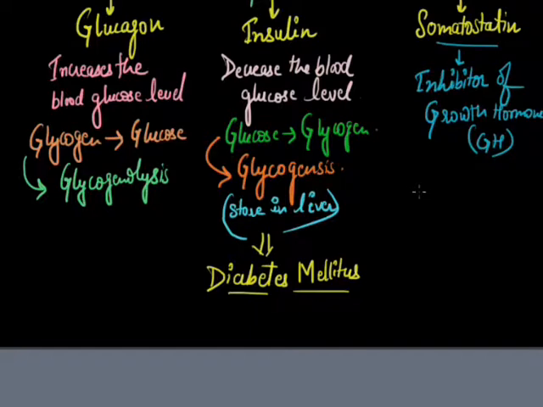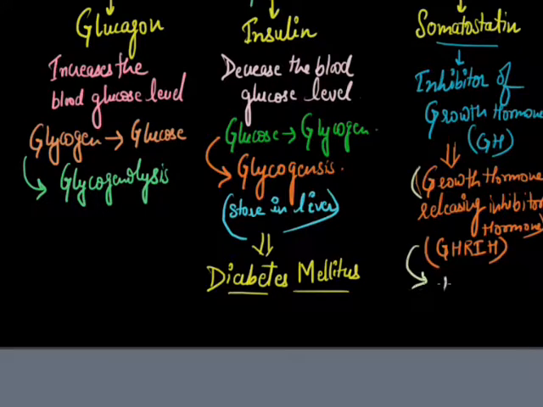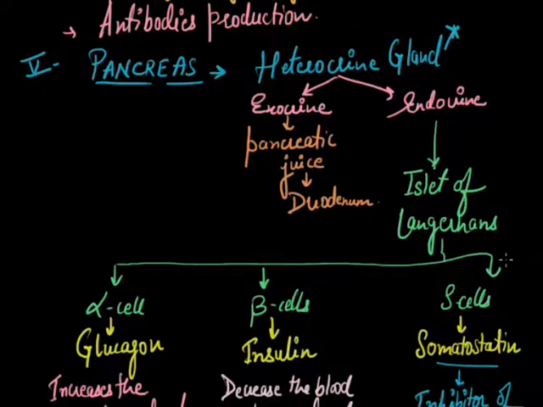Thus, it is also called growth hormone releasing inhibitory hormone, or GHRIH. It also inhibits glucagon.